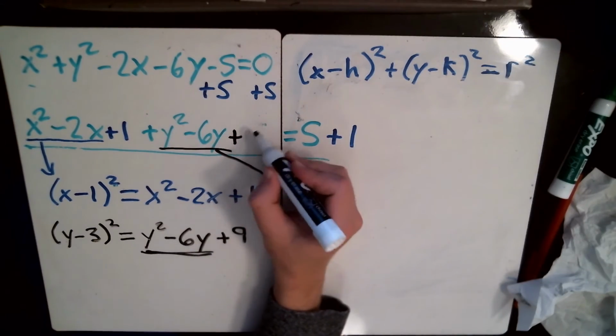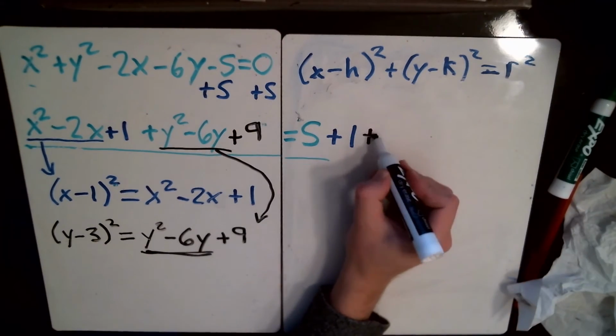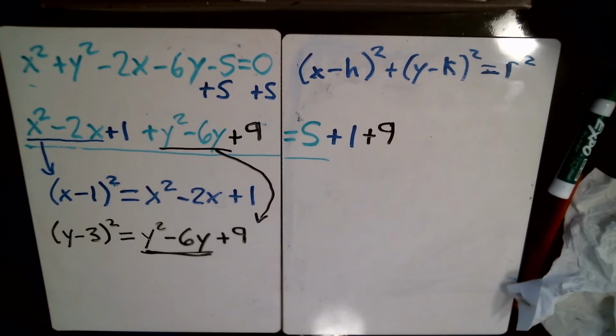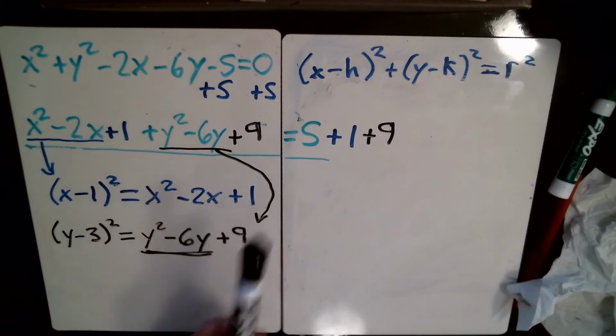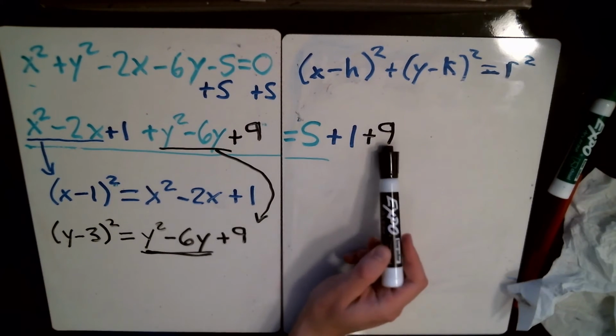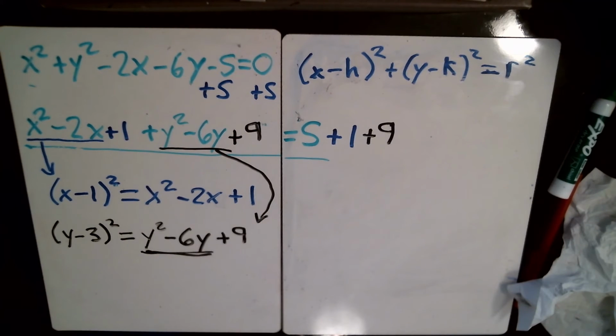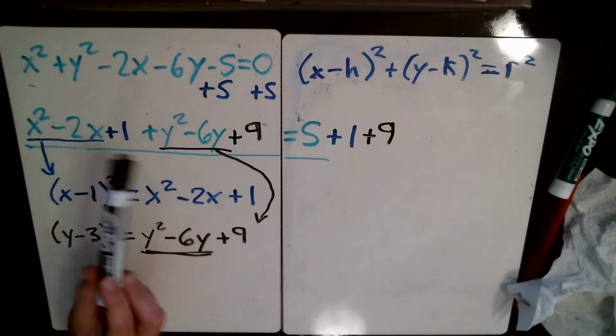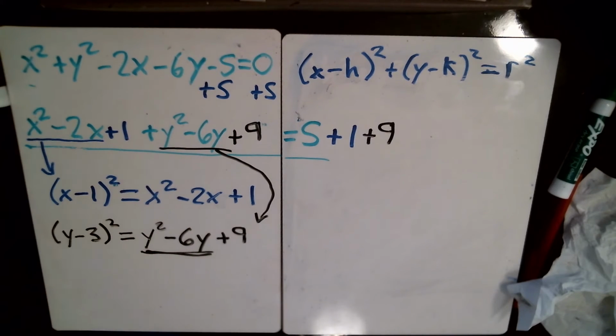So I'm going to add in a 9 right here, but I also have to add the 9 on the other side so that I didn't change the equation. Since I've added a 1 here and a 9 here and then done the same thing on the other side, I now have a perfect square on both of these x's and y's that I can turn into the regular form of an equation for a circle.